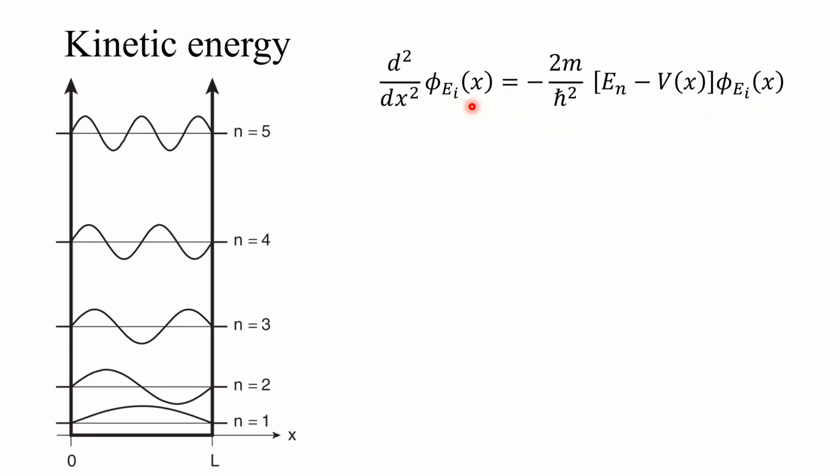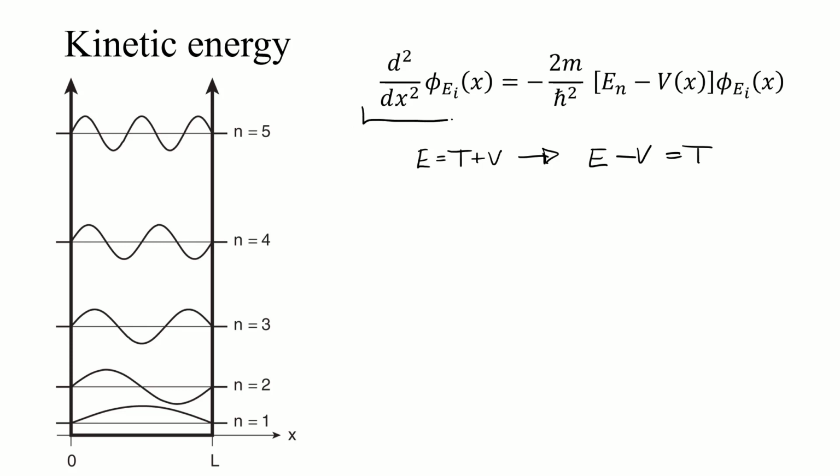This is essentially the curvature of our wave function. On this side, this is the total energy minus the potential energy. Now, if you remember, classically the total energy was equal to the kinetic plus the potential. So this total energy minus the potential is going to be equal to the kinetic energy.